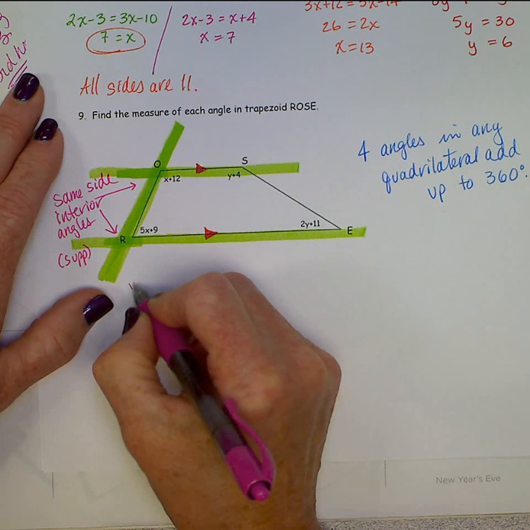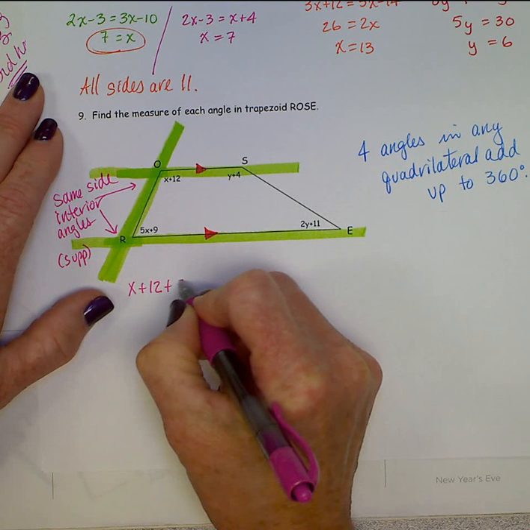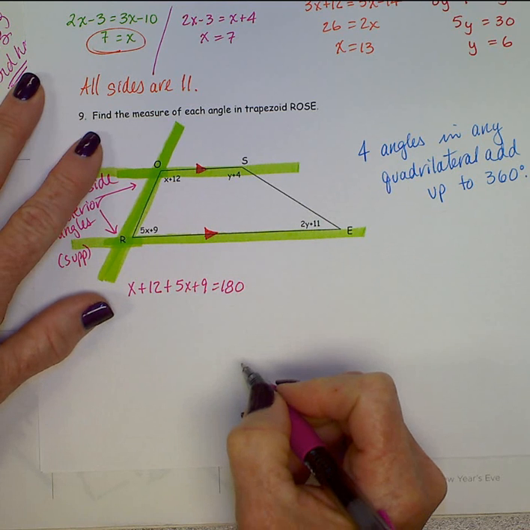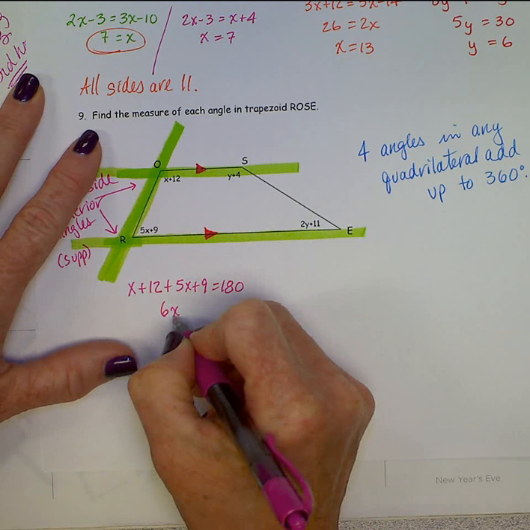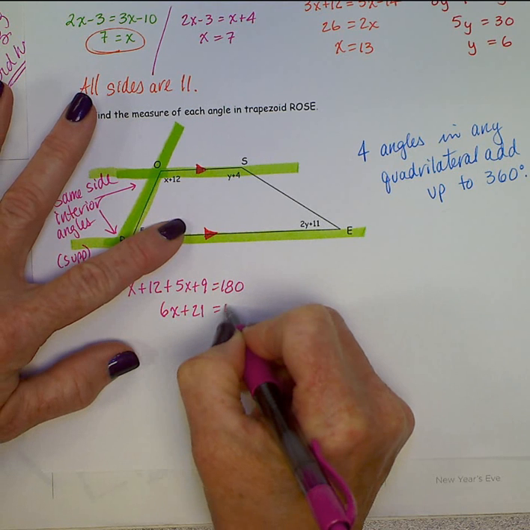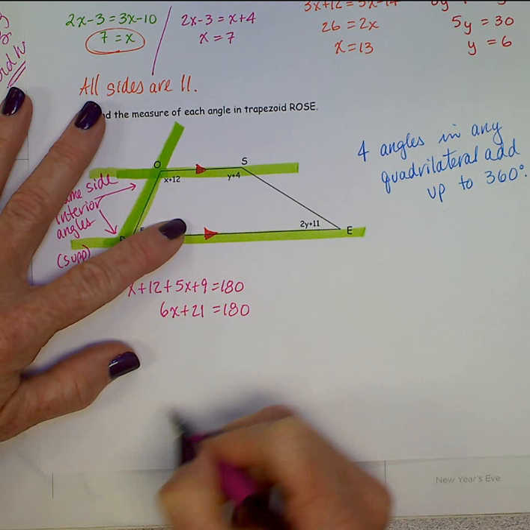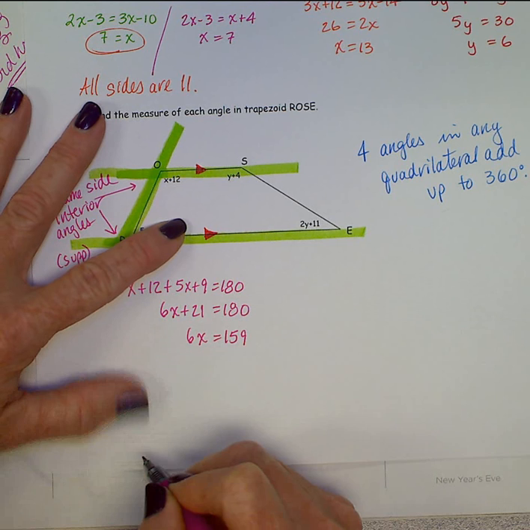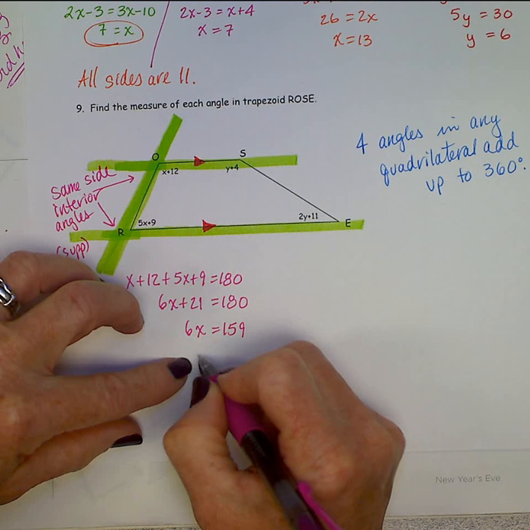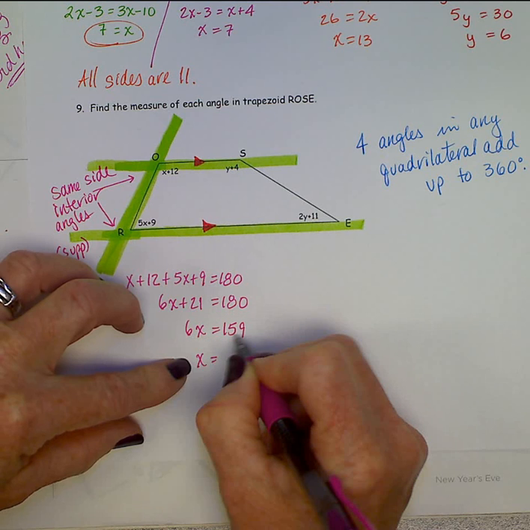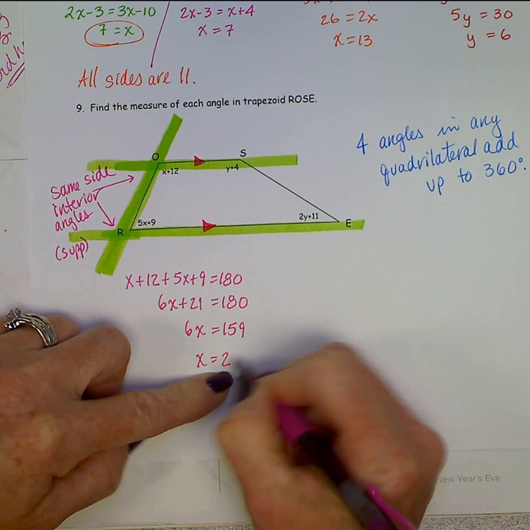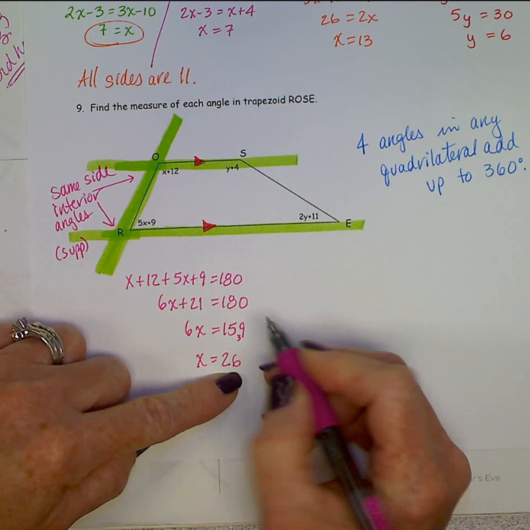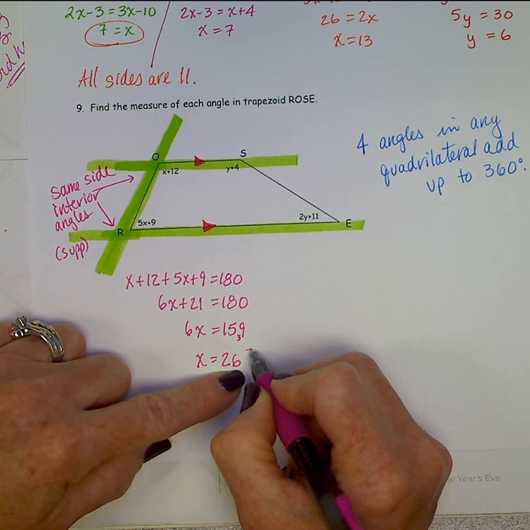So we can say x plus 12 plus 5x plus 9 equals 180. Combining like terms. Subtract that 21. Divide this out. 6 goes into 15 twice with a remainder of 3. 6 goes into 39 6 times with a remainder of 3, but there's no known numbers, so we have 3/6.